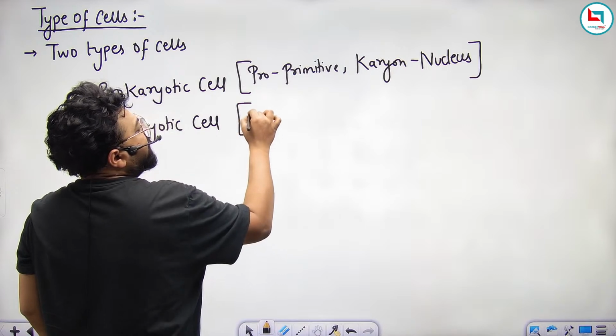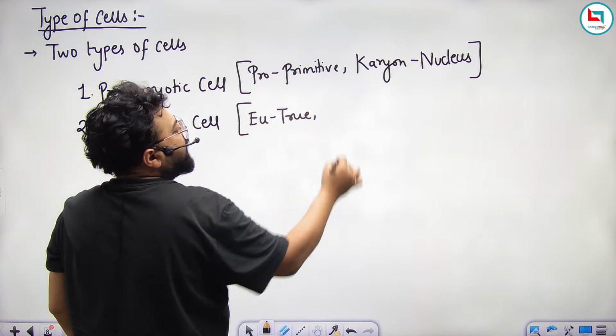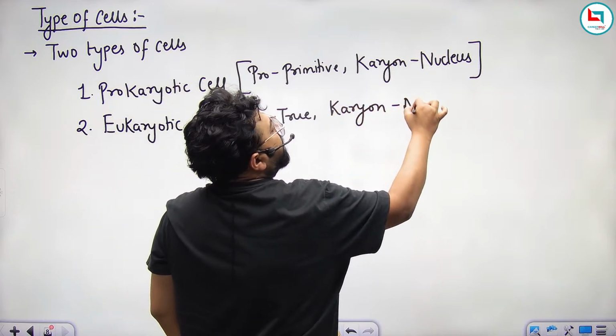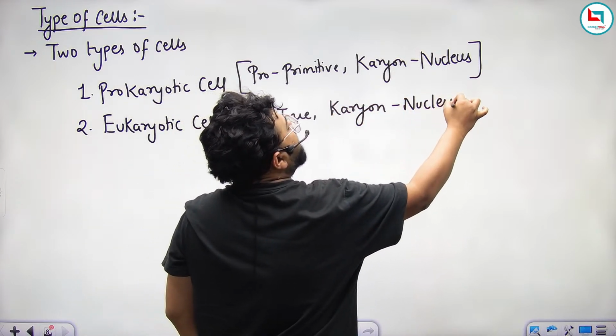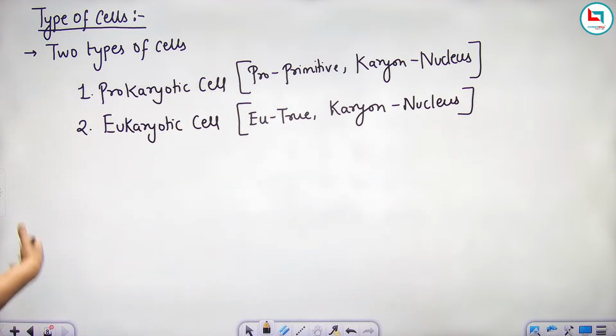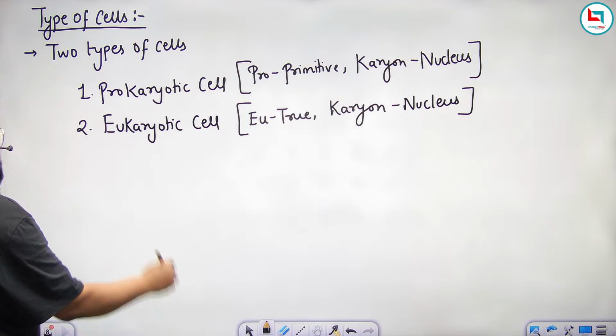In the Greek word, eu means true and karyon again means nucleus. Those cells which have a well-defined nucleus surrounded by boundaries or membranes are said to be eukaryotic cells.